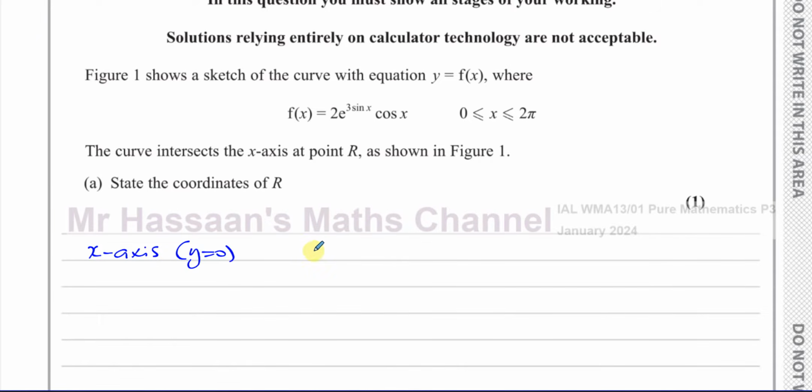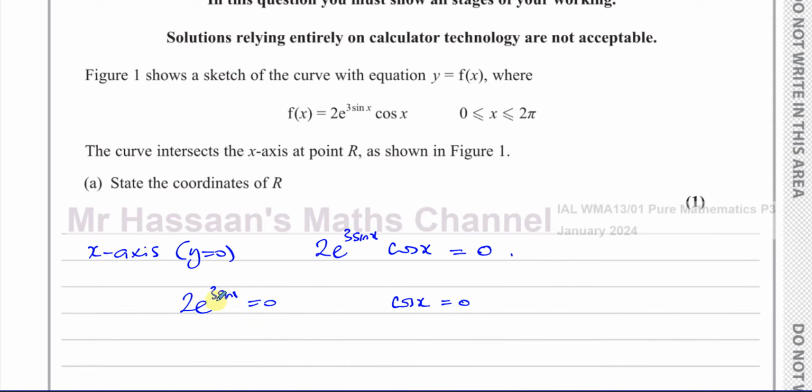So we have to solve the equation 2 times e to the power of 3 sine x times cosine x equals 0. So here you have a product of two factors. Either 2 e to the power of 3 sine x equals 0, or cosine x equals 0.